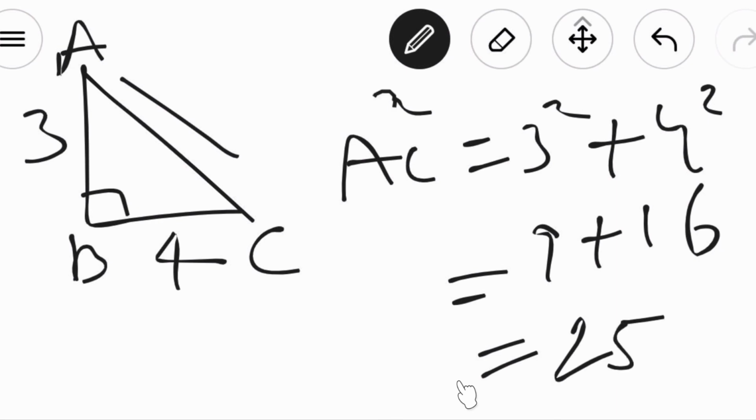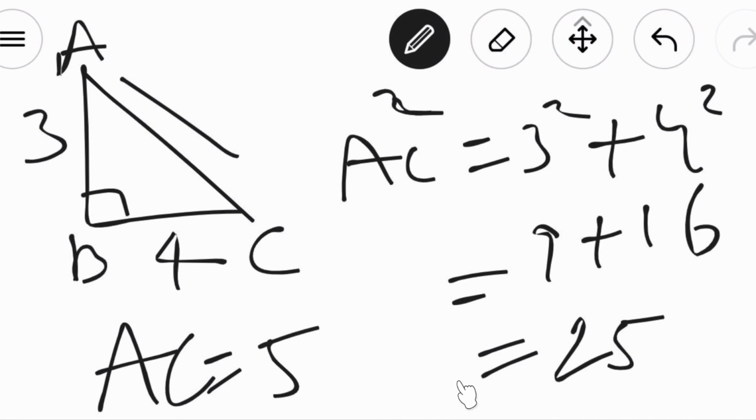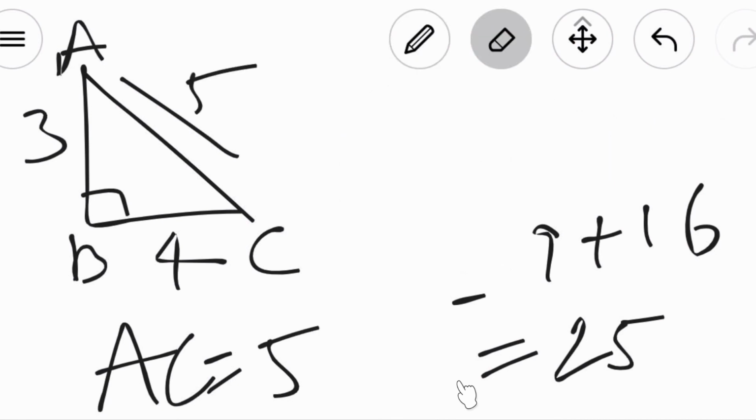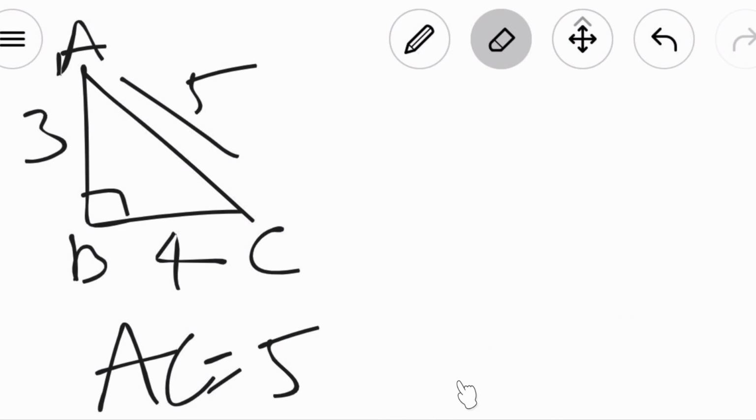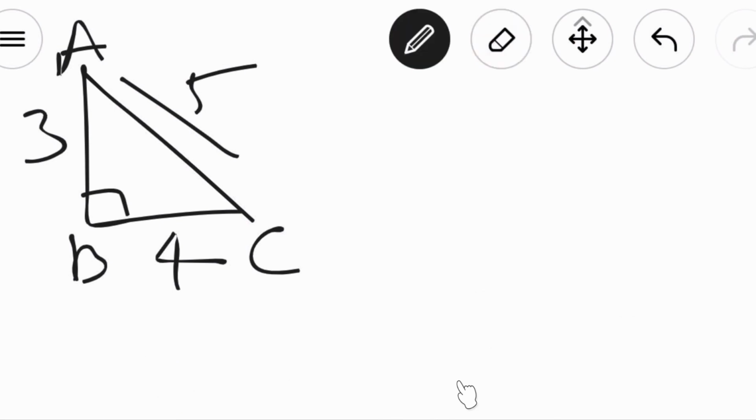So AC square is 25, not AC. So AC is going to be 5. So yes, 3, 4, 5. If you are familiar with Pythagorean triplets, when you see them you recognize that these form a Pythagorean triplet.